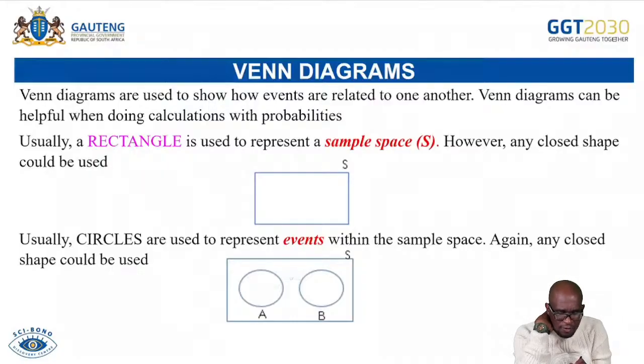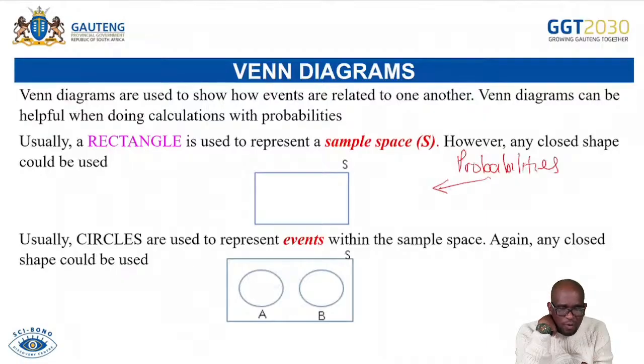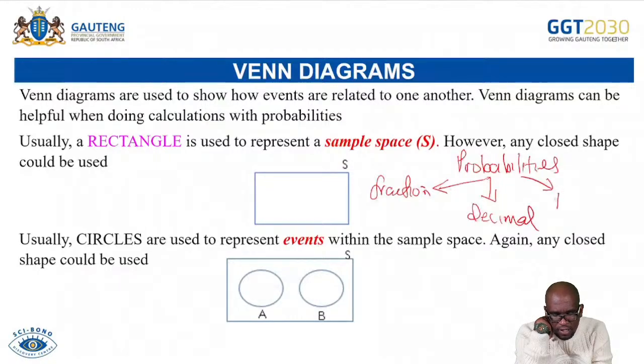But remember, if it's a Venn diagram for probabilities, this Venn diagram can have probabilities expressed as a fraction, all right? Can have probabilities expressed as a decimal, all right? Can also have probabilities expressed as a percentage, okay?